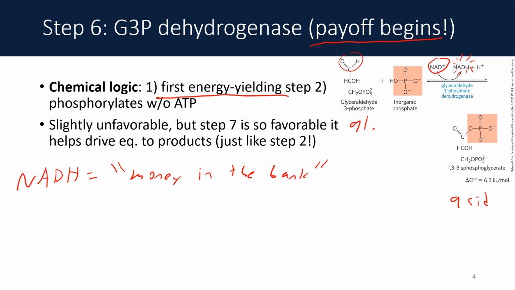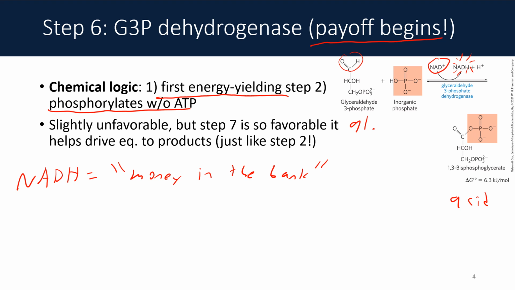It may not be worth much now, but we're going to cash that in later for a bunch of ATP. Speaking of, we also, in this reaction, phosphorylate G3P for free, kind of.